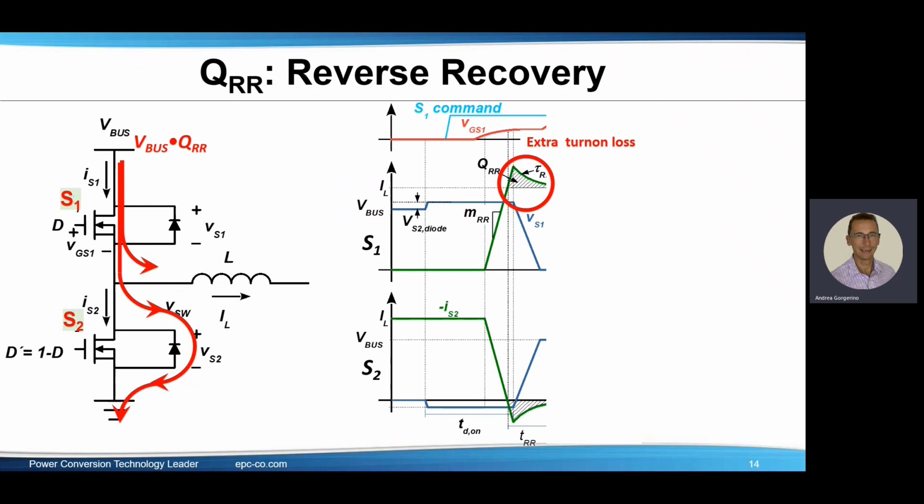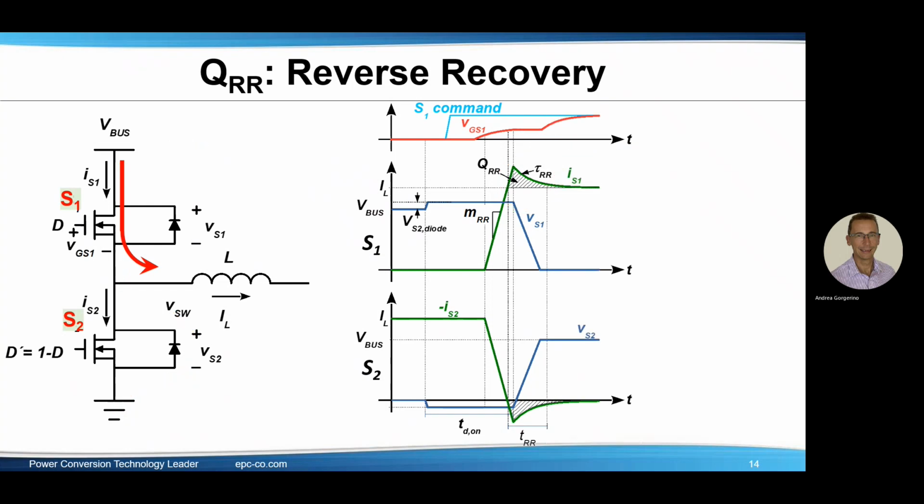This is what we call reverse recovery. And the energy lost during the reverse recovery can be expressed as V bus times QRR.